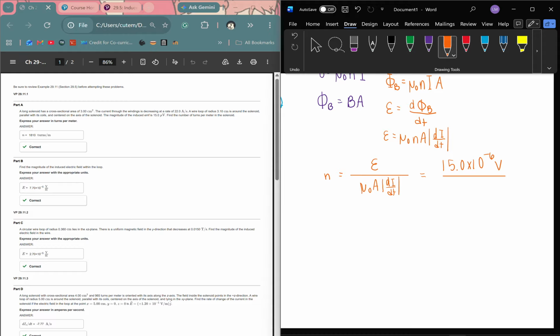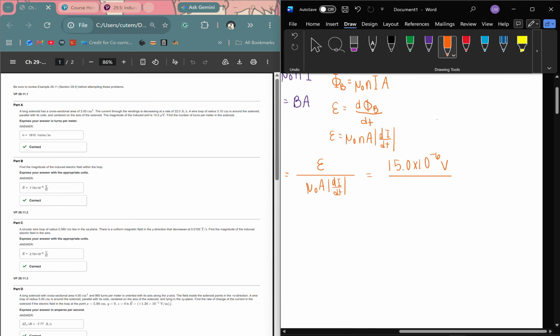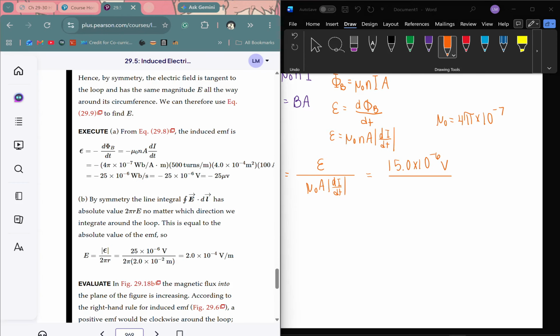Okay, so the mu naught. Hold on, the value of mu naught is 4 pi times 10 to the power of negative 7. Let me just double check and rewrite it here. Mu naught is equal to 4 pi times 10 to the power of negative 7.